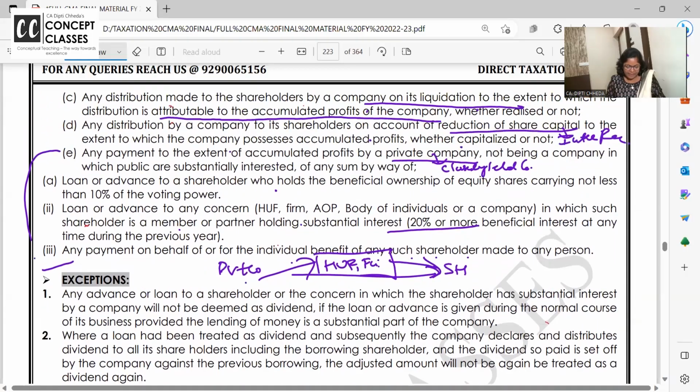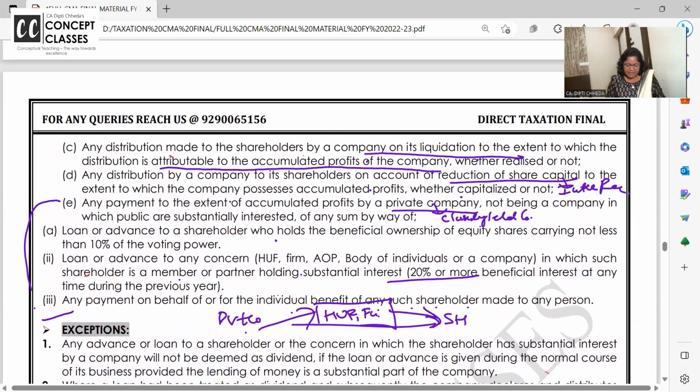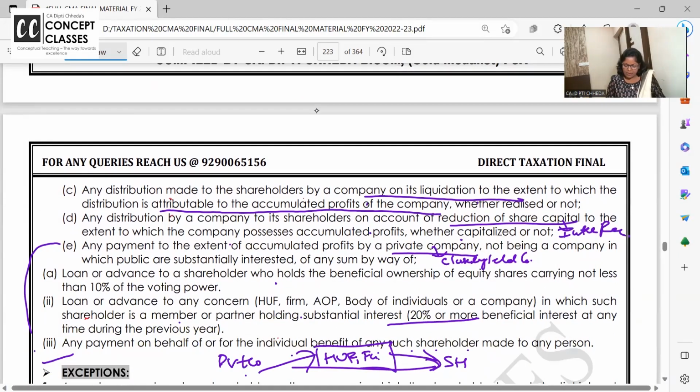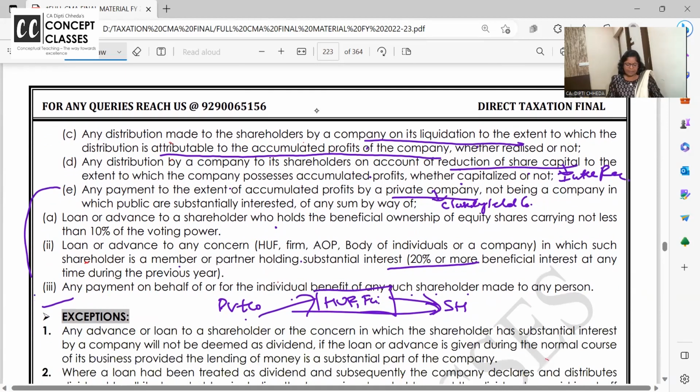Page number 222. See, I was reading from here. Any money given out of the accumulated profits, assets के form में, bonus के form में, liquidation, reduction, private company, सब taxable है.